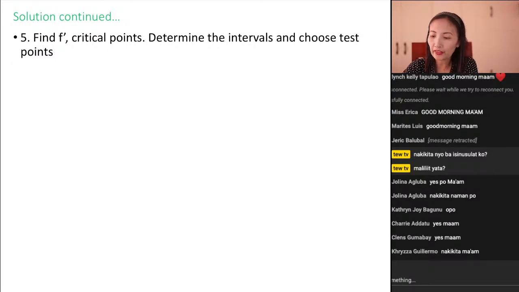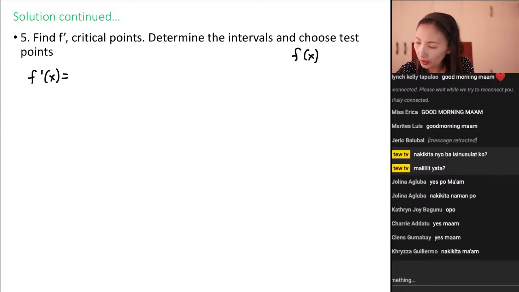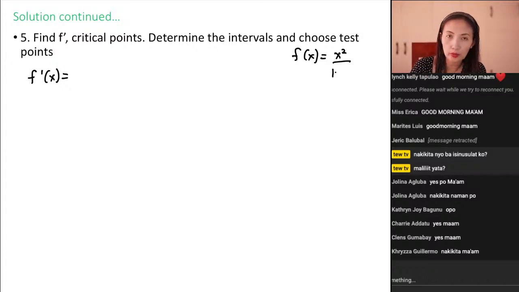Okay, so f prime of x is equal to, the function is, let me write once again, the function given is f of x is equal to x squared all over 1 minus x squared.